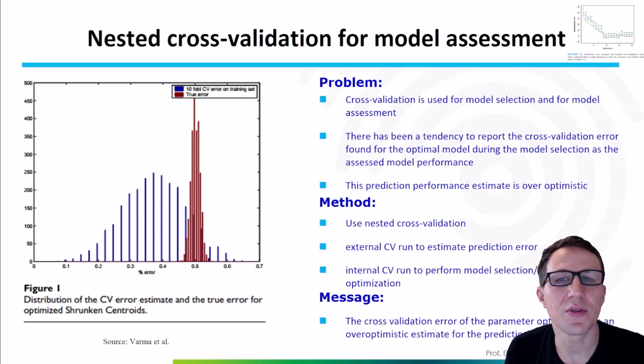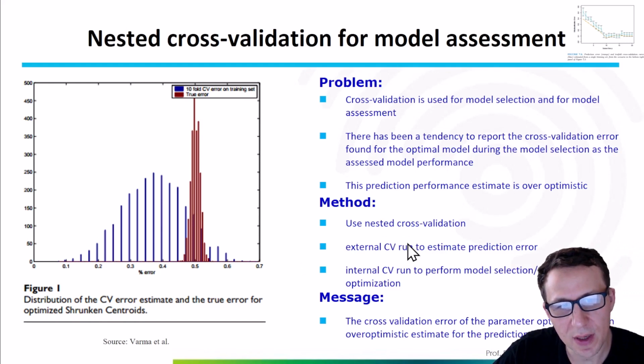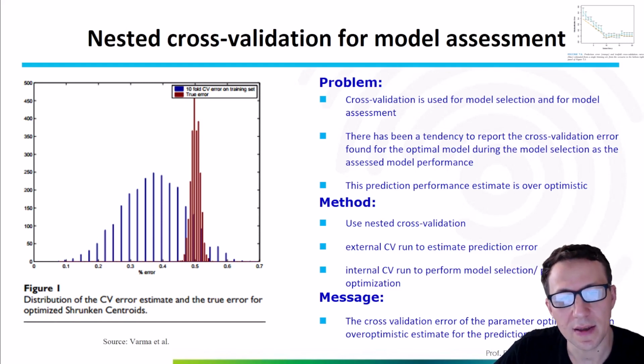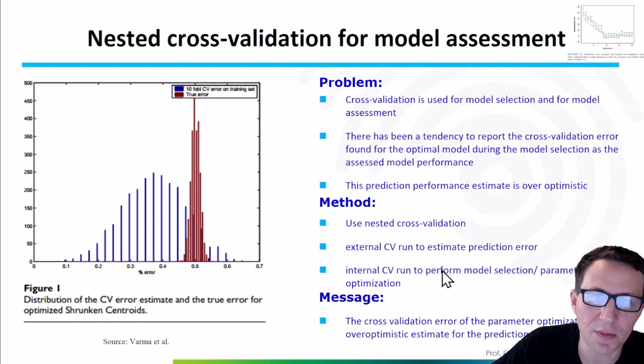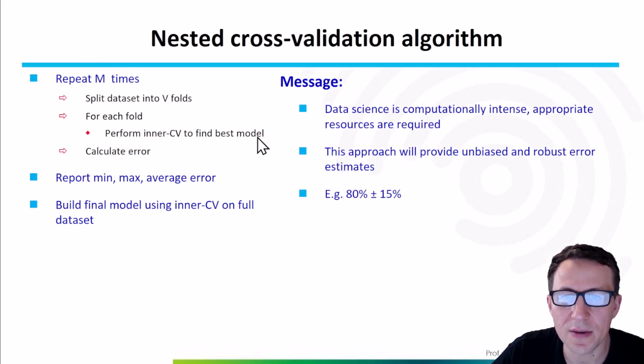Therefore, what you have to do is nested cross-validation, where you have an external cross-validation run whose sole purpose is to estimate the prediction error, and an internal cross-validation run that you can use to do model selection, parameter optimization, variable selection, and so on. The basic algorithm looks like this. You have an outer loop, your outer cross-validation run, where you split your data set into a few folds. For each fold, you perform an inner cross-validation run.